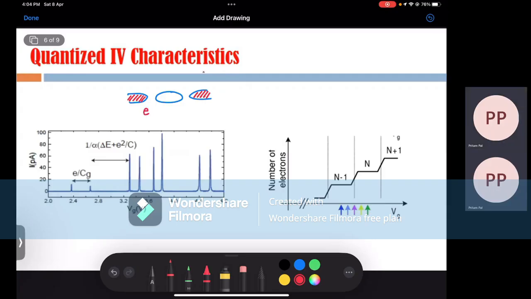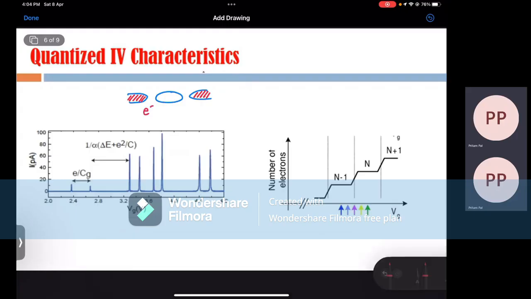So we want to add a single electron from the source to this dot, basically source to this dot.